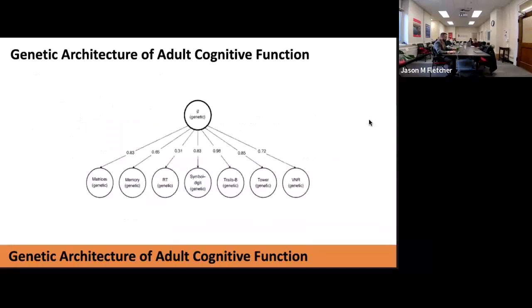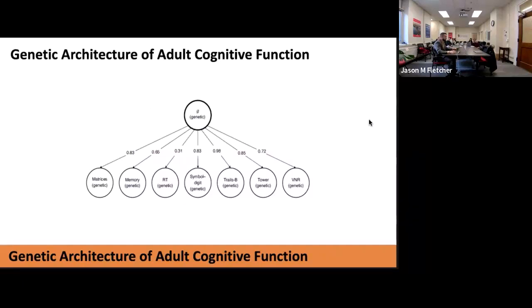We then proceeded with genomic SEM to formally model the genetic variance structure, and we applied genomic SEM to fit a single common factor model to the genetic covariance matrix among the 7 traits.